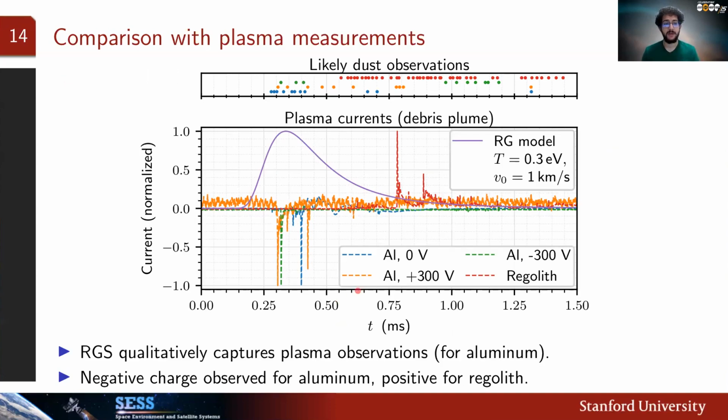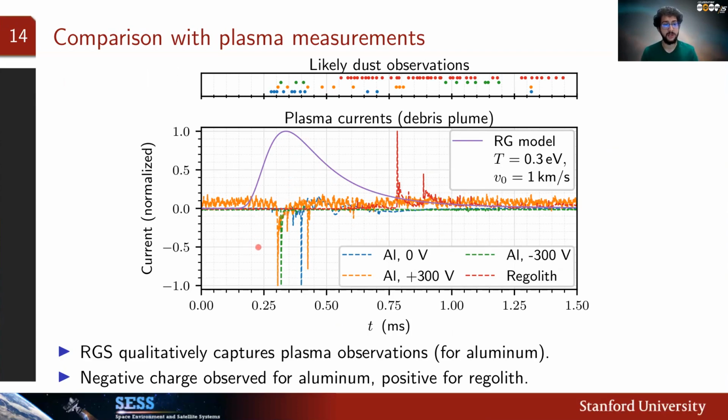Comparing with actual plasma observations, we can see that the predicted current from the renormalization group model agrees reasonably well in terms of the arrival time and the signal duration for impacts on aluminum targets, assuming reasonable inputs to the model.